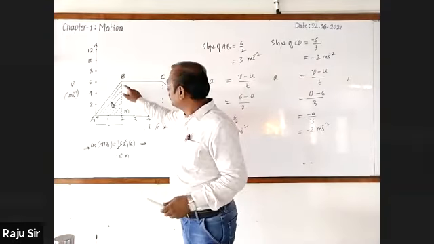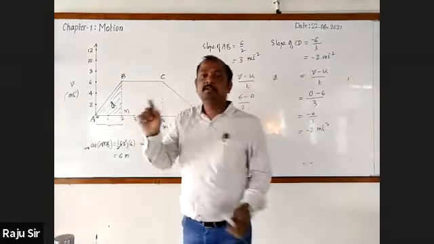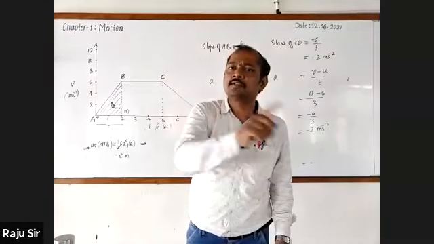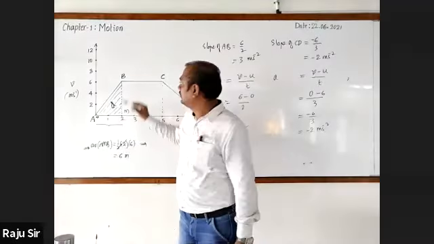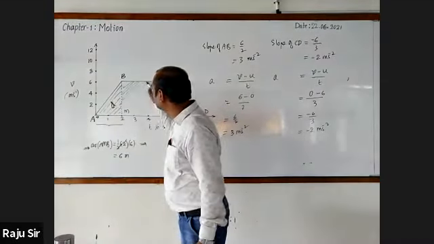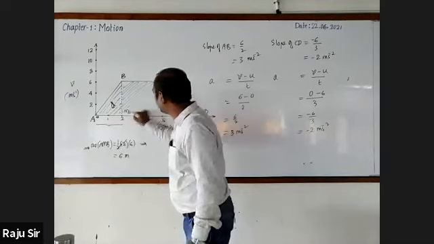Look here. BC represents the body moving with a constant speed. At constant speed it covers some distance. To find out that distance, you should find out the area of this part.